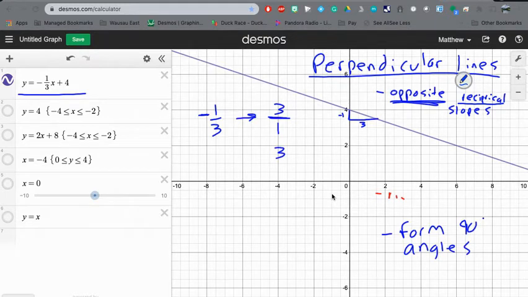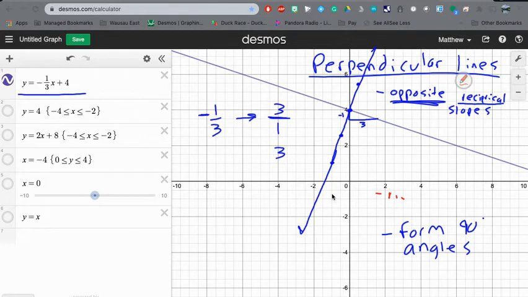So now, if I start with any point on this line, so I start at 4 again. If I go up 3 and over 1, I can also go down 3, back 1 to draw in a perpendicular line.